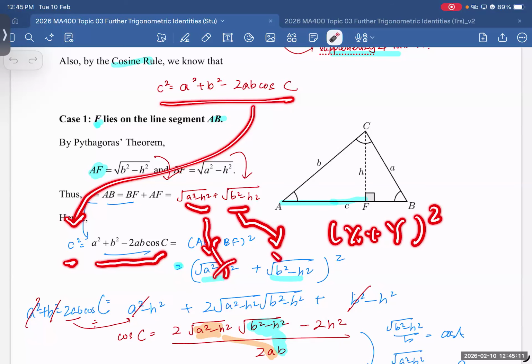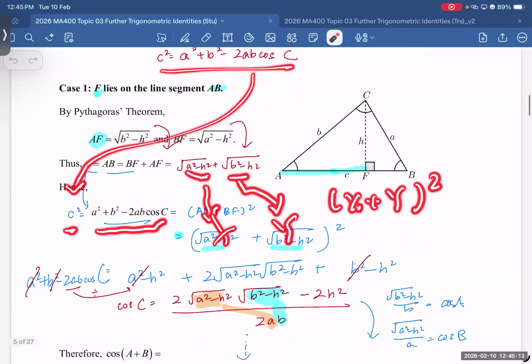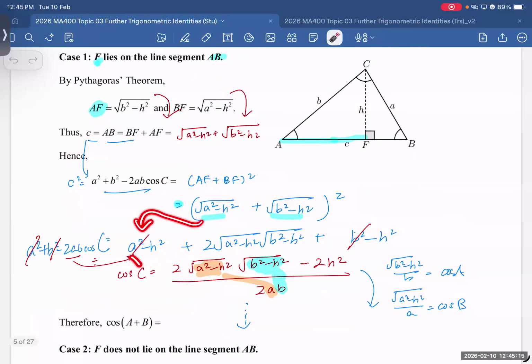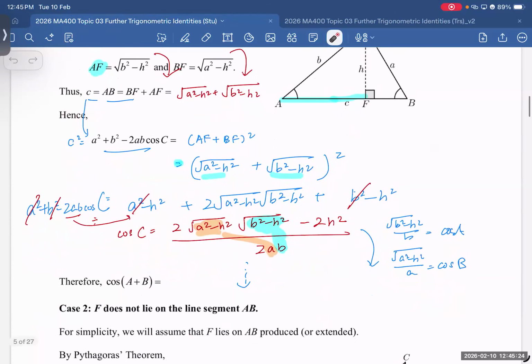If this is x, this is y, this is like x square plus 2xy plus y square. Then you can see how a square, b square, a square, b square cancel off. You can see how 2 also can cancel off. Make sense?